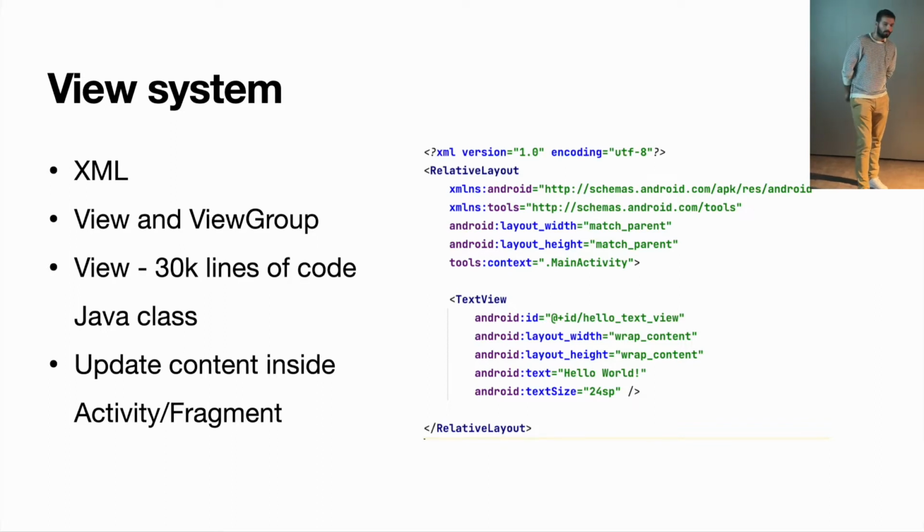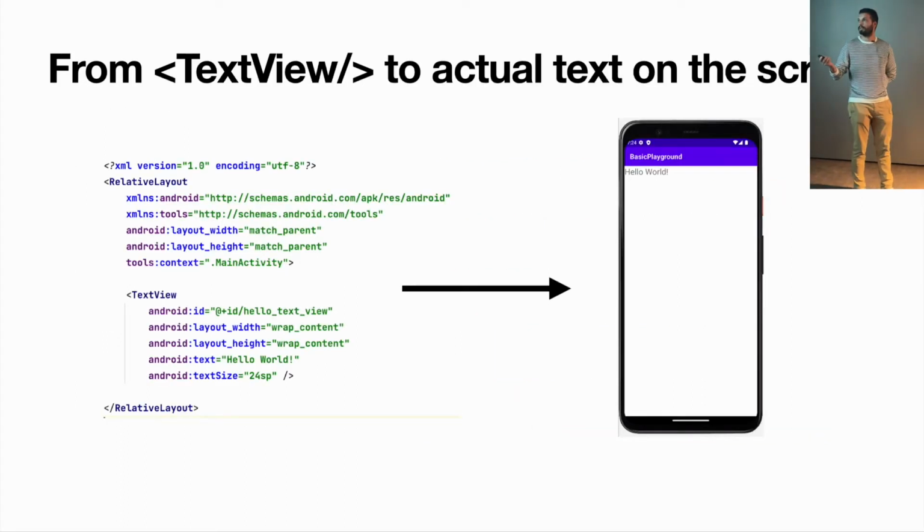And of course, XML is all static. When we define these values, everything is static. If you really want to change the values in runtime while the application is running, we are doing that through activity and fragment using Kotlin or Java.